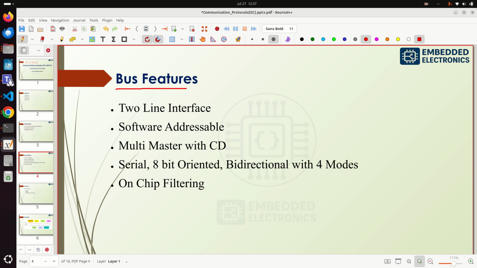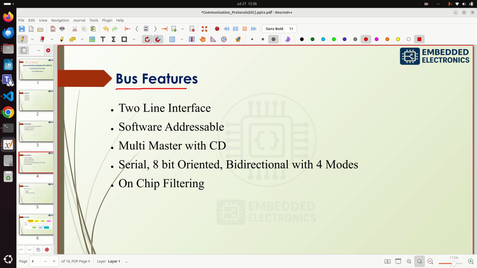Because there is only one data bus, only one can communicate at a time. So there has to be some mechanism to judge which master is going to make use of this bus for communication, and that happens with the help of collision detection.